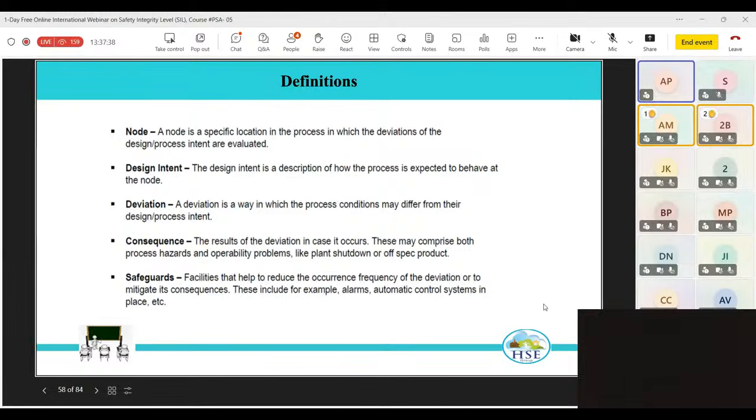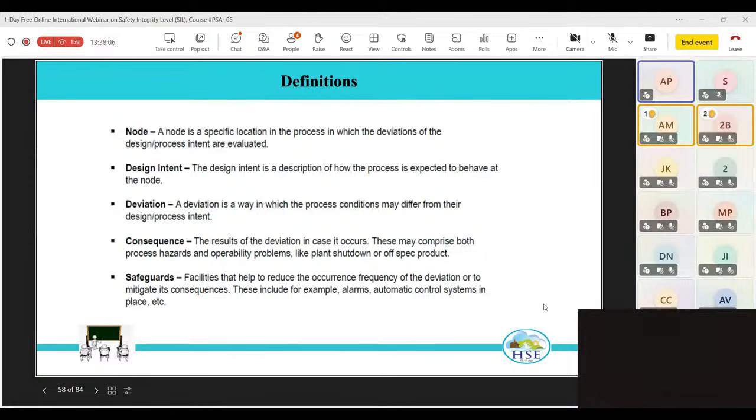And then once you mark it up, the team's discussion will be limited to that node only. That means when you are discussing that node, you will see all connected pipelines, all connected vessels, and verify all design deviations and design intent with respect to that particular node.